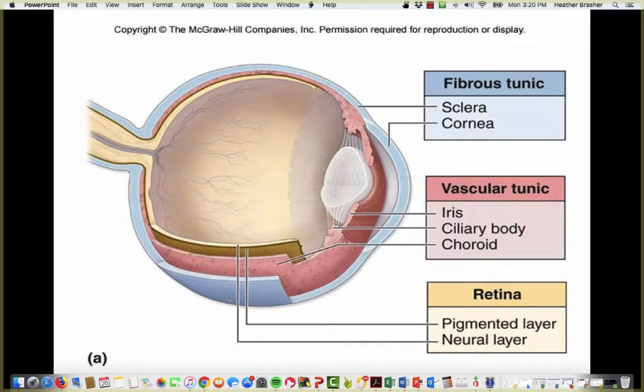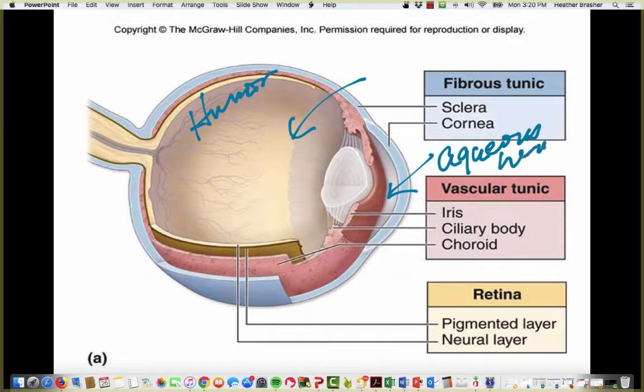Now, here we can't see it, but inside here and right here, there's this jelly-like substance, and it's called humor. Now out here, it's called aqueous humor, and think A for anterior. So in this, aqueous humor sounds like aqua or water. 98% of it is water, right?